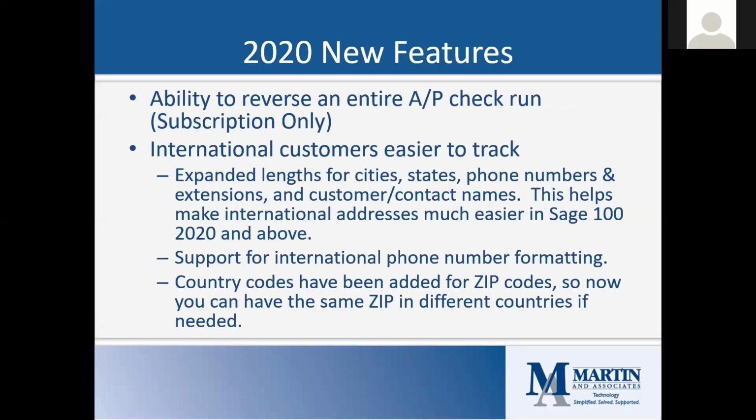There is now support for international phone number formatting as well. And the country code field has been added to the zip code. When you set up your zip codes, there's a country code field in there now, and this will let you use that same zip code across multiple countries if that is needed in your business.